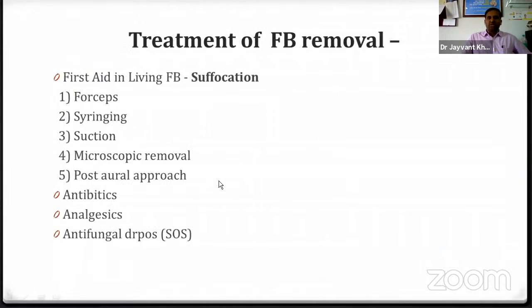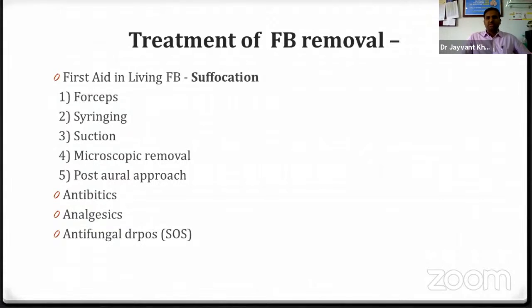Treatment of foreign body removal: if there is a living foreign body, then first aid is suffocation with the help of water. Some people use oil for the suffocation.